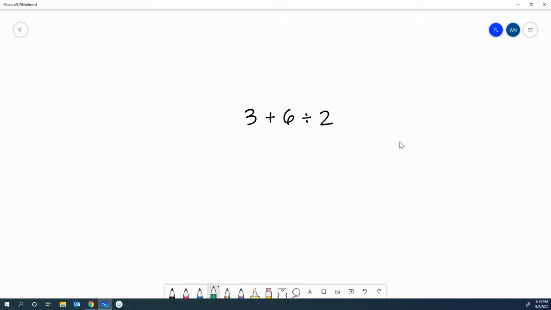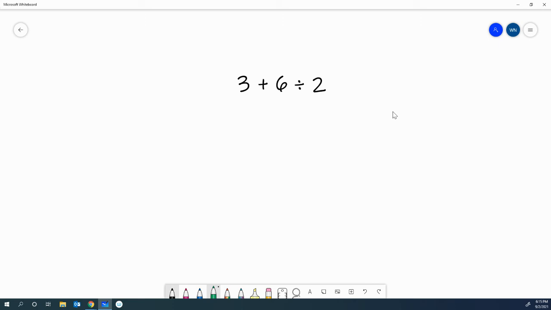Now let's look at this one. 3 plus 6 divided by 2. I know a lot of you are jumping right in and saying 3 plus 6 is 9, 9 divided by 2 is 4.5. But does that follow the order of operations? No, it does not. Parentheses first, there's no parentheses. Exponents next, none. Multiplication and division in the same step.